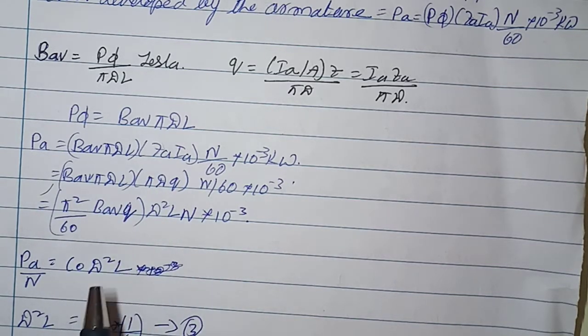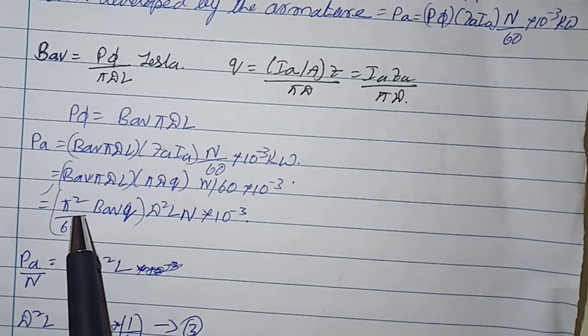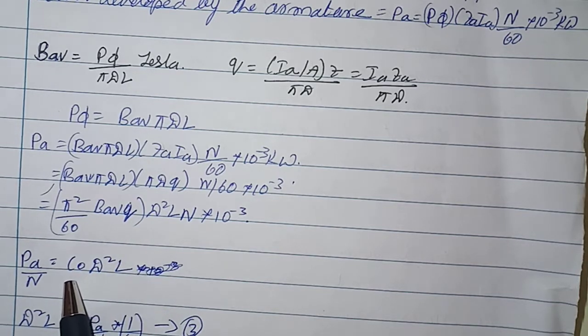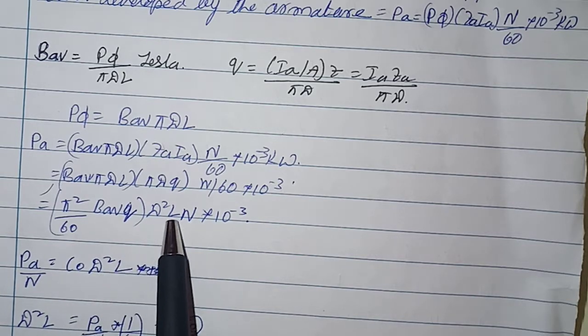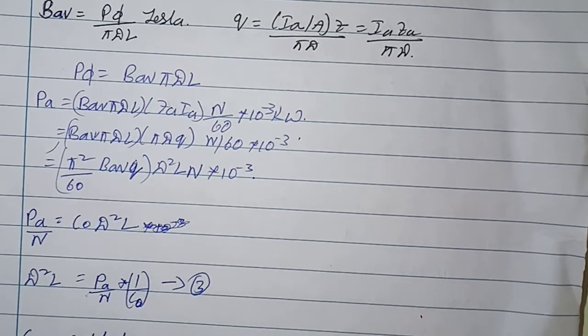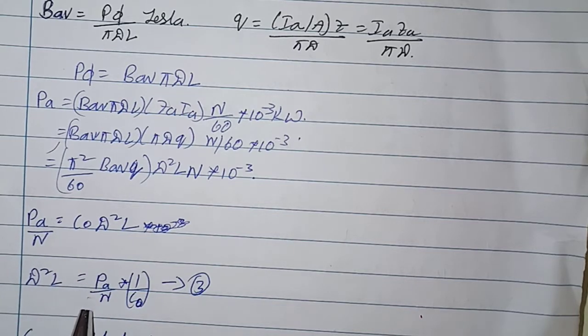Next, we bring this n to the other side, that is PA by n equals C naught D square L, where C naught is the whole bracket, pi square by 60 B average into Q. So now D square L will be PA by n into 1 by C naught.